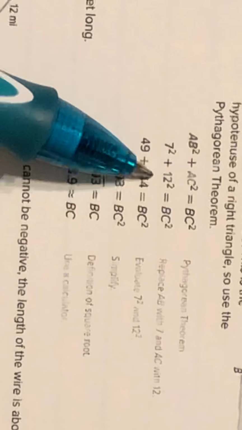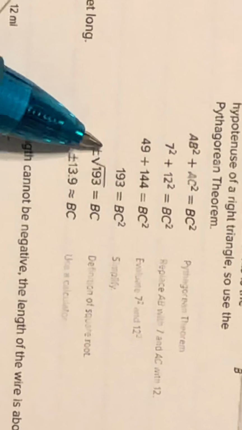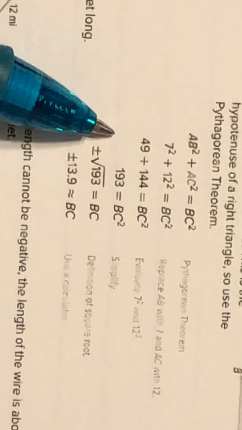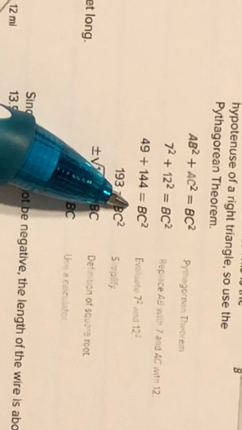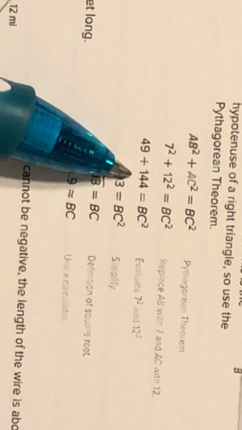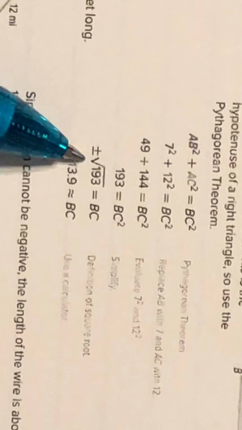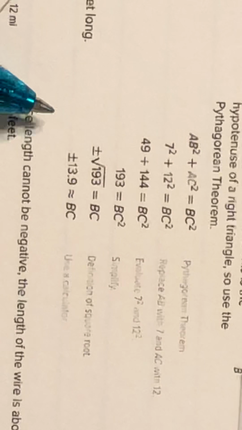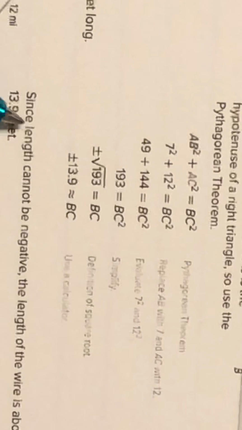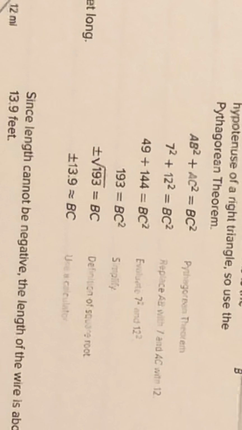So I have 7 squared plus 12 squared equals BC, which is how they've labeled my diagram. 7 squared is 49, 12 squared is 144, and that still equals the length of my wire. 49 plus 144 is 193. And I take the square root of that, which gives me approximately 13.9. Since length cannot be negative, the length of the wire is about 13.9 feet.